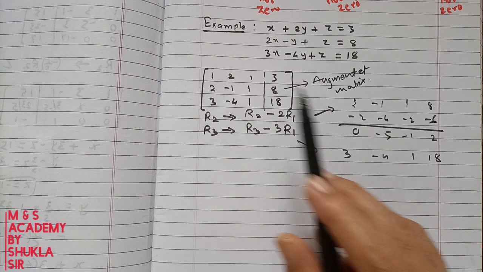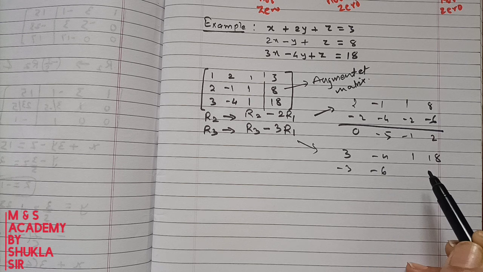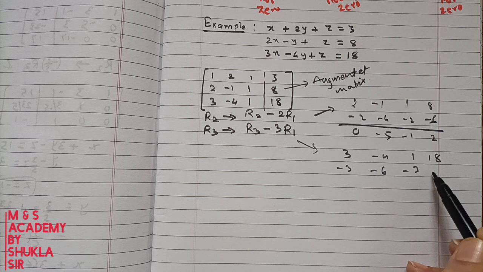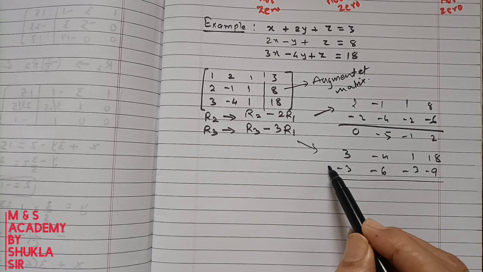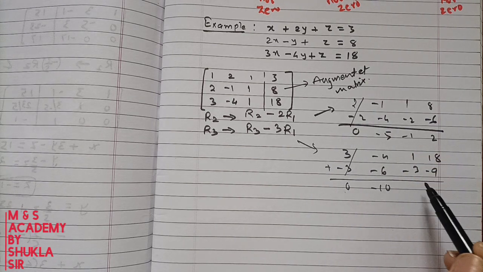So 3 times we need to multiply, so this is 3, minus 6, minus 3 and then minus 9 we need to add. So this one is 0, this one is minus 10, this is minus 2, this is 9.